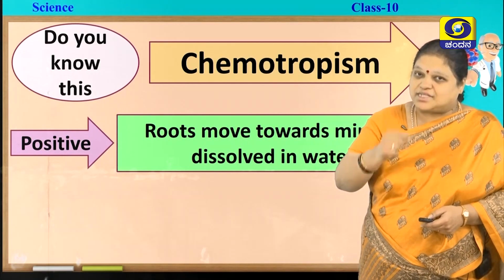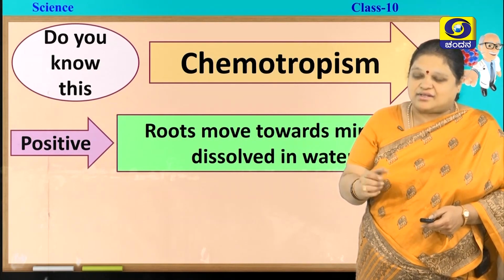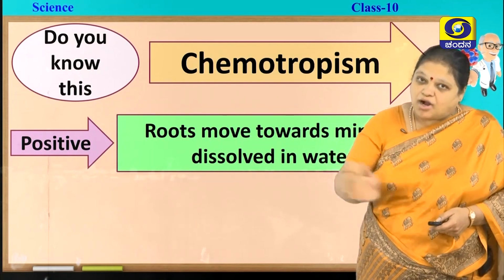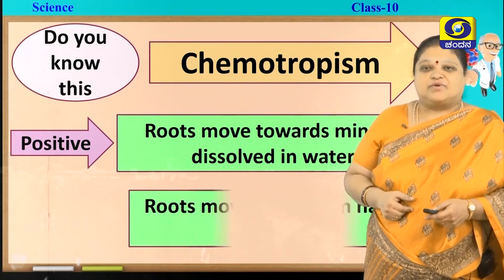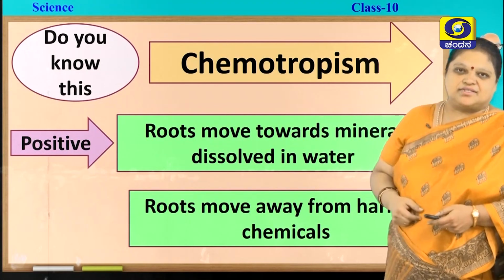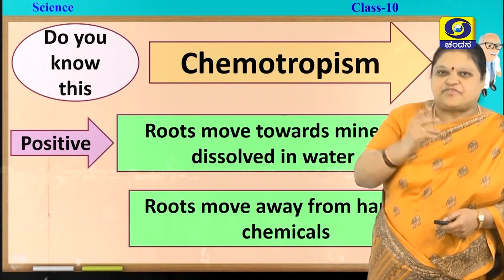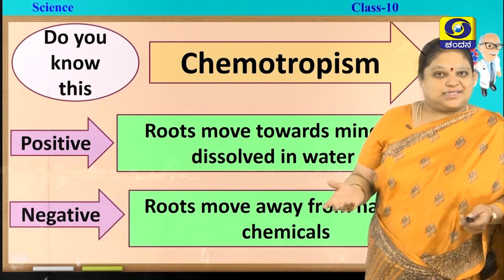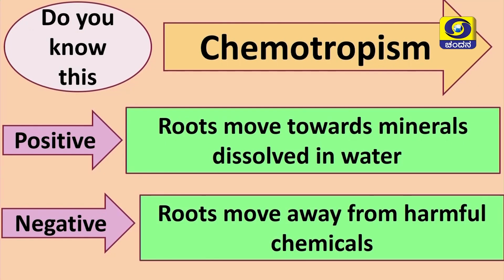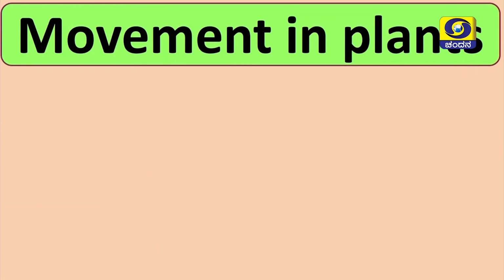Whereas, do you know there are some conditions where the roots move away from the chemicals. What type of chemicals? Harmful chemicals like acids, etc. So it is moving away from harmful chemicals. It is a type of negative chemotropism. So there are two types of chemotropism, positive and negative.